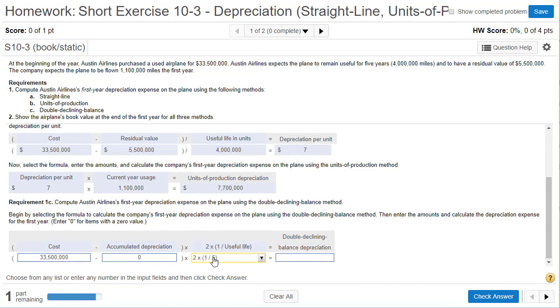And the life is 5 years. So we're going to take 33.5 million times 2 and then times 1 divided by 5, which is the same as just divided by 5. And that gives us first year depreciation of $13,400,000.